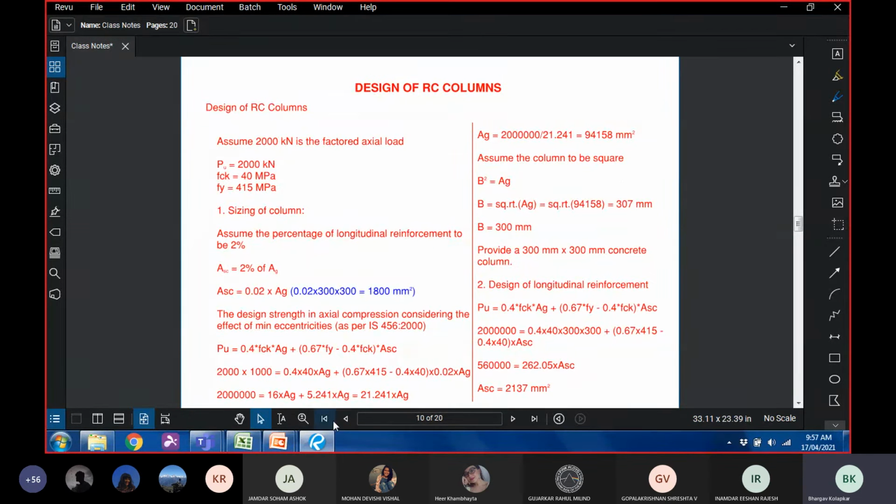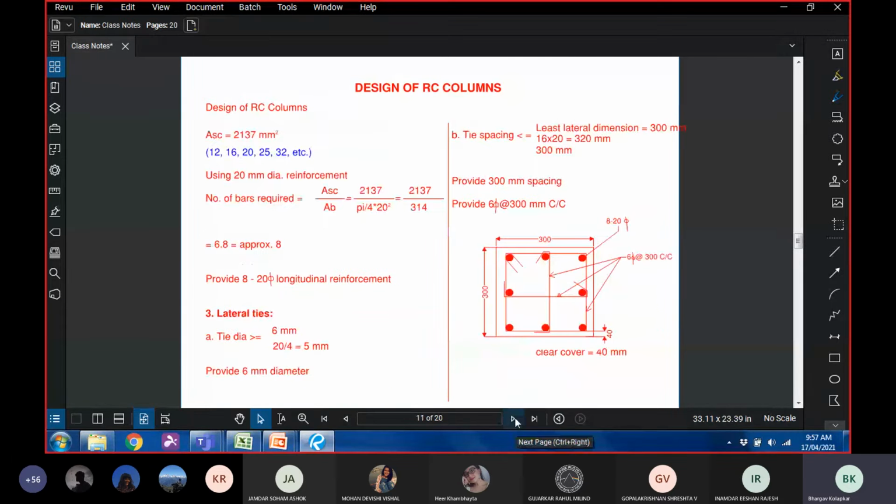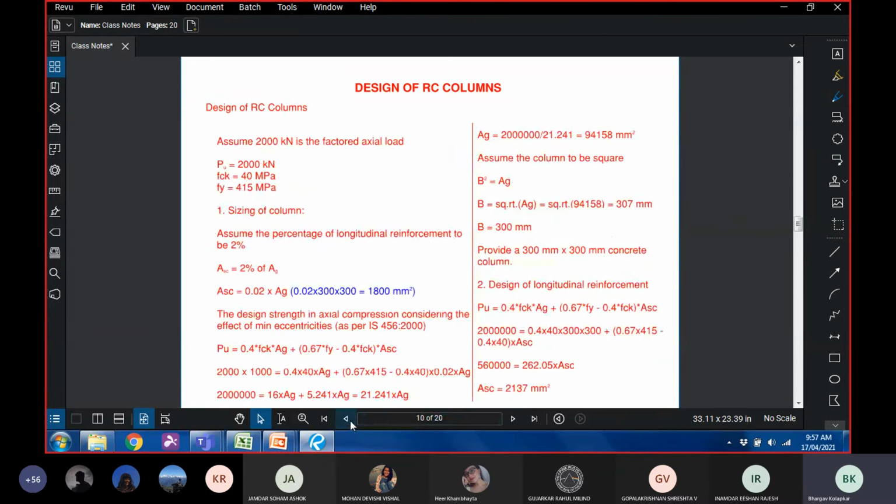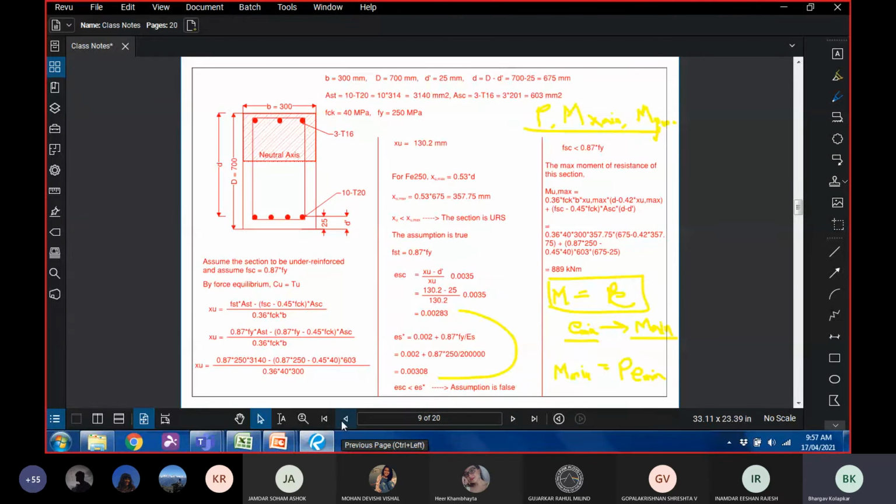You see, the design of RCC columns, just in 2 slides, we have sort of completed the design. It's very straightforward, and there's nothing challenging that you can face here. So come what may, do not leave this question. Solve this for sure. Among the other 3, beams, slabs, and footings, procedure wise, design or analysis of beams is the shortest.